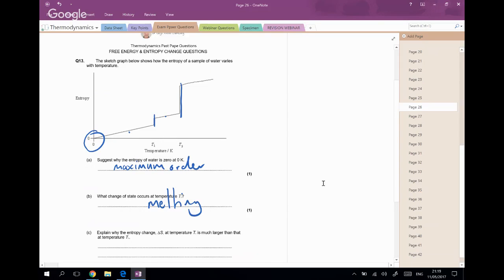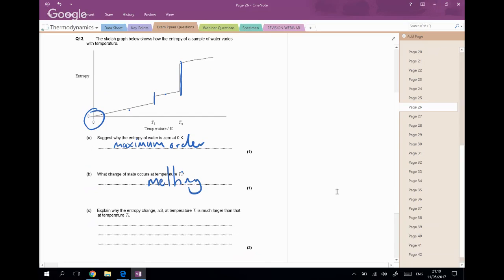Explain why the entropy change delta S at temperature T2 is much larger than the entropy change at T1. All right.